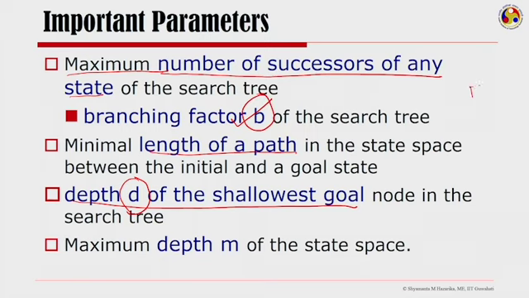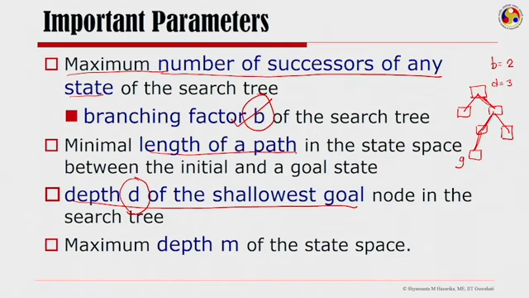So if I have a node that's expanded every time into 2 successors, here my branching factor is 2. If my goal lies here, that's the depth, the minimum length of the path to the shallowest goal, then my D is 3.